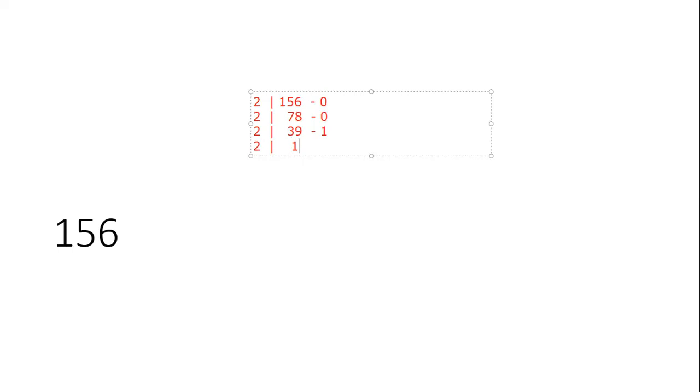2 1s are 2, and 1 is carried, 19. So 2 9s are 18 again. Yes? Yes or no? 2 1s are 2, 1 carry, 19, 2 9s are 18.